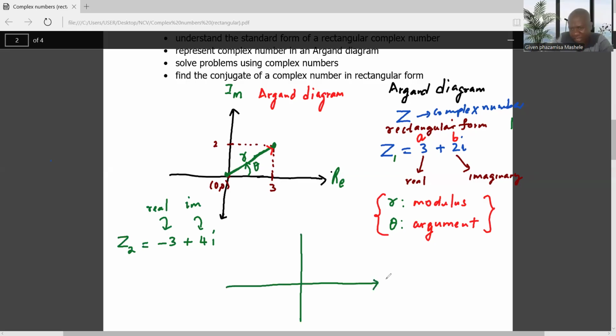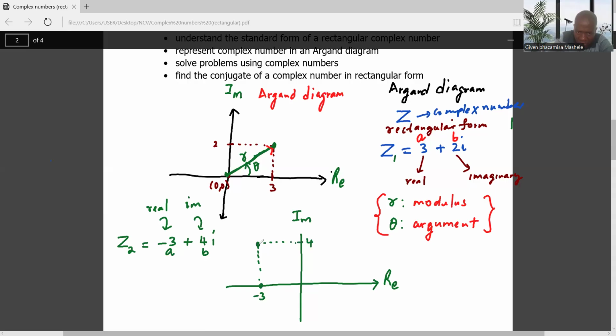Remember I said the x-axis is the real part and the y-axis is the imaginary part. So now this is my A and this is the B. The A is -3, then the B is 4. Then we look at the point where they intersect, here. We draw a line from the origin up to where they meet.